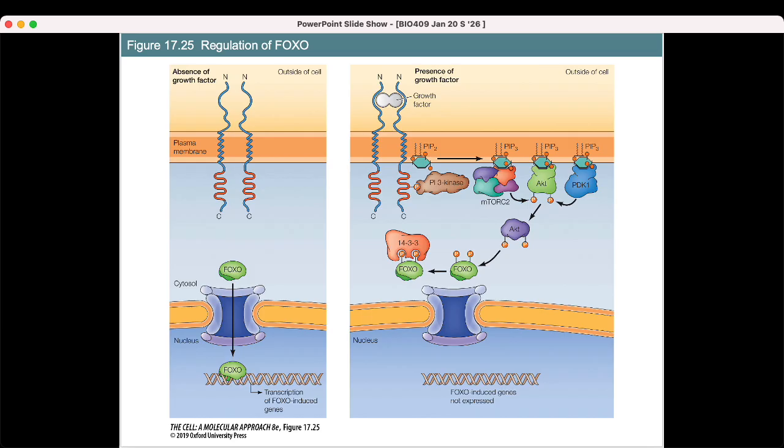FOXO regulates the rate of aging, like that. On the left, in the absence of that growth signal, FOXO goes into the nucleus, and it's a transcription factor, and it's going to activate hundreds of target genes that are all going to slow down the rate of aging. And there are lots of famous animal species that increase or decrease their rate of aging a lot.